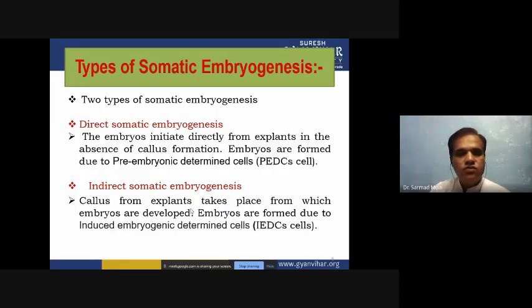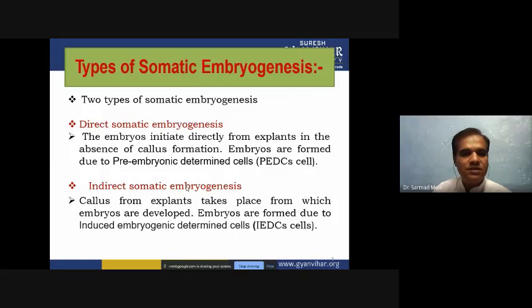Embryos are formed from pre-embryonic determined cells, and without converting to callus, we can convert the somatic cell into embryos. Since we are not producing callus but producing embryos directly from the somatic cells, we call this direct somatic embryogenesis.